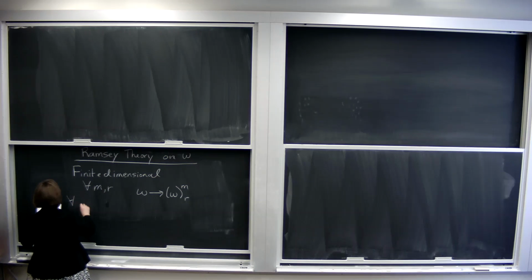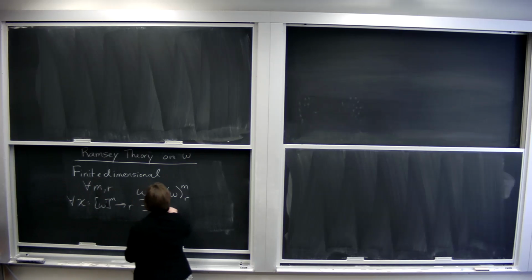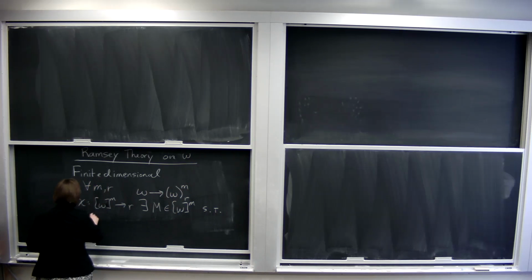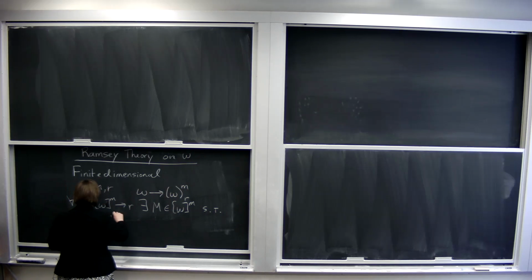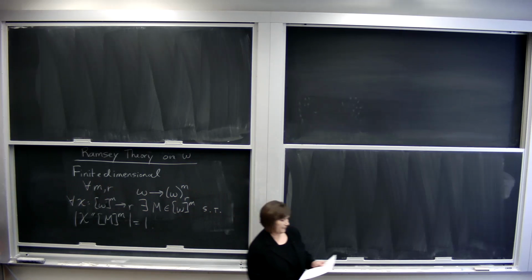So for every coloring, taking m size subsets of omega into r, there's going to exist an infinite set M such that chi on little m size subsets of big M has only one color. All right.